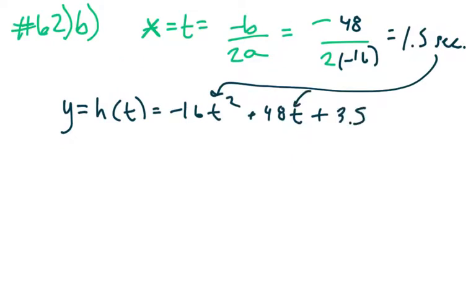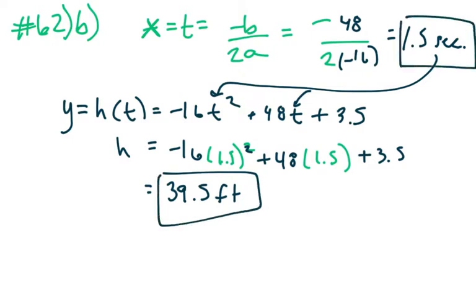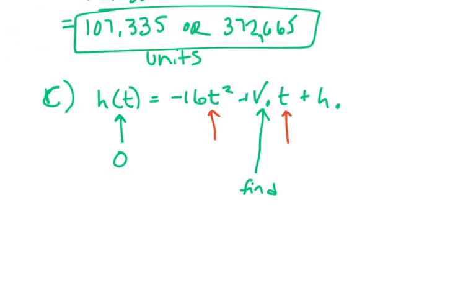For the t, we just need to solve where 1.5 is being plugged in for the t. And that will give us our height. Evaluating that, we're going to get 39.5 feet. So again, half of the answer is how tall, and half of the answer is how long it will take to get there.